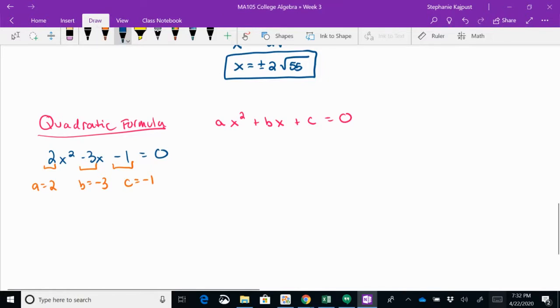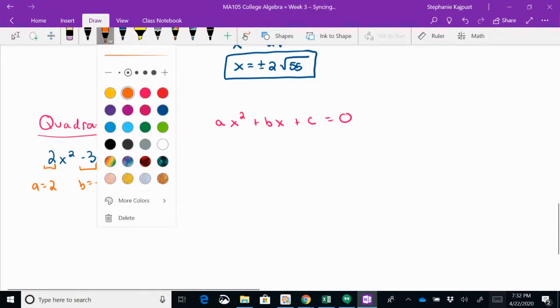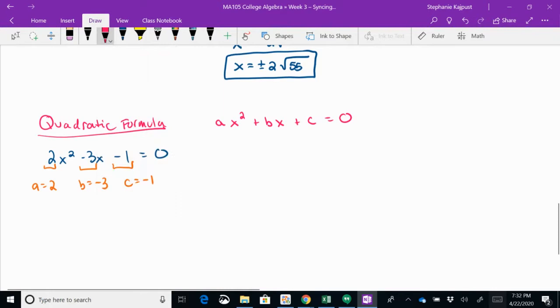So the quadratic formula is, let me put this in pink so it kind of matches. X equals, and if you had something instead of x, like t or w or whatever you have in your equation, then it would be w equals negative b, there's that plus or minus symbol, then we have a square root, and all of this is inside the square root: b squared minus 4 times a times c.